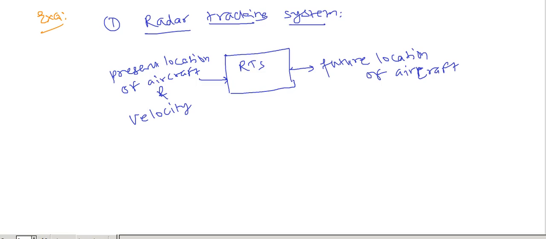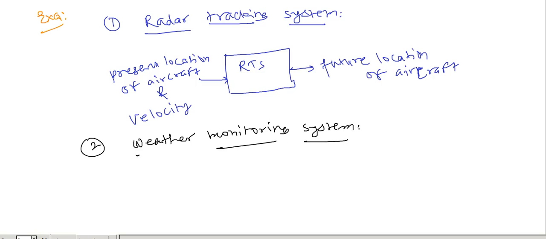Now another example could be a weather monitoring system. So what does a weather monitoring system do?